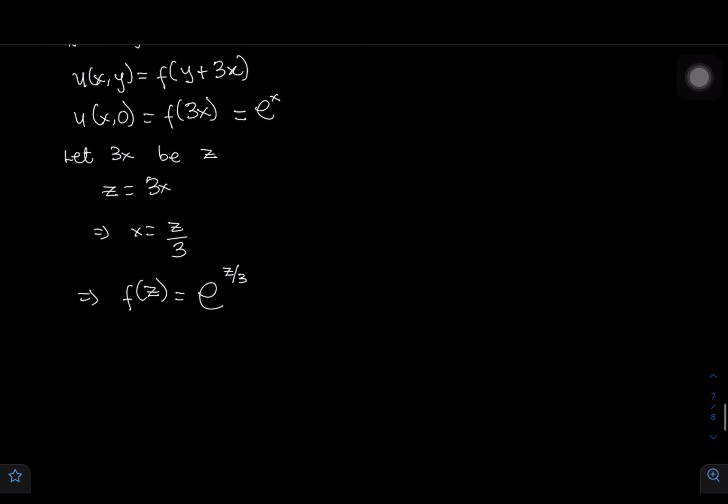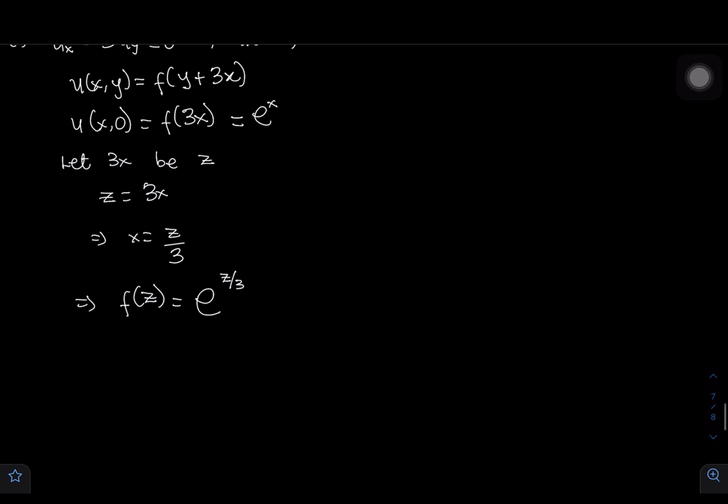And what are we saying? We are saying that the solution u of x, y is equal to a function of y plus 3x. And then we know f of z to be e to the power z over 3, which means that this is going to be e to the power (y plus 3x) all divided by 3.